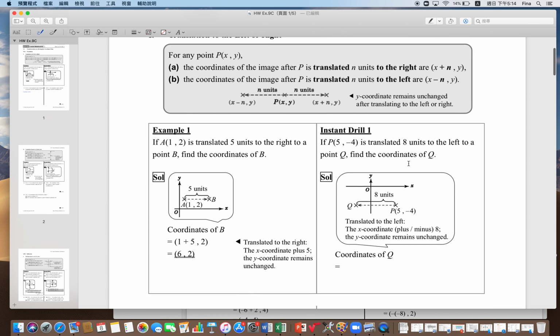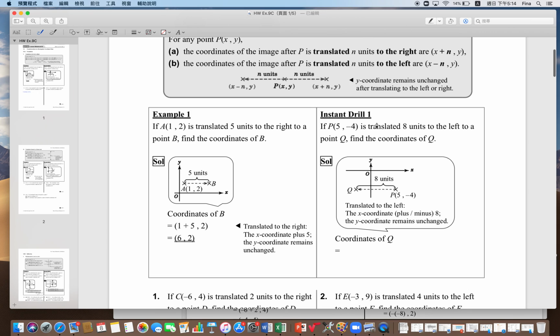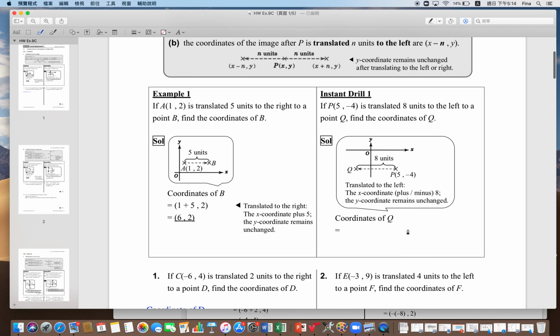So let's look at drill 1. For example 1, I think the idea is also easy, and drill 1 is similar to example 1, and try to present your answer in this way. For drill 1, let's look at the original point P, that is (5, -4), and it is translated 8 units to the left.